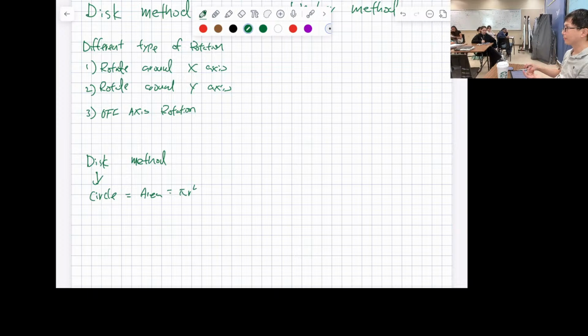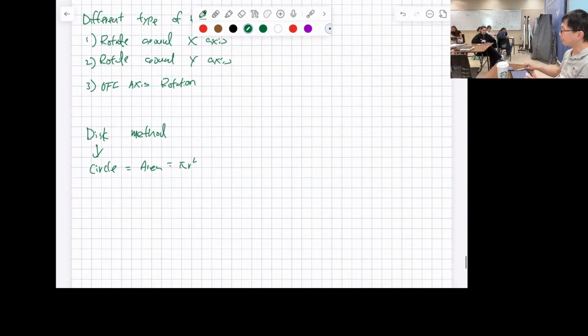Are we okay? But a football, however, do you have a geometric shape that can tell you the volume of a football? Well, a football is kind of hard, right? It's a weird odd shape.